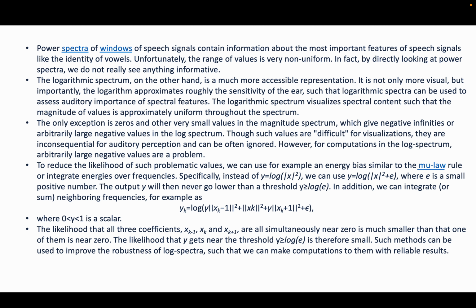So you can look then and see it as just an expression of integrating over neighboring frequencies where y is a scalar. The likelihood that all three of these are simultaneously near 0 is much less than one being near 0. So by doing a smoothing operation, you avoid some of the problems.